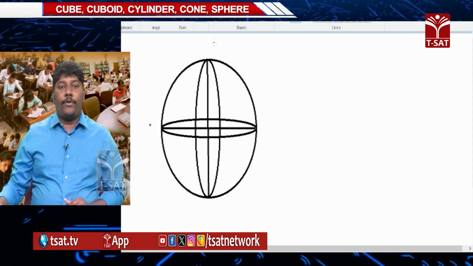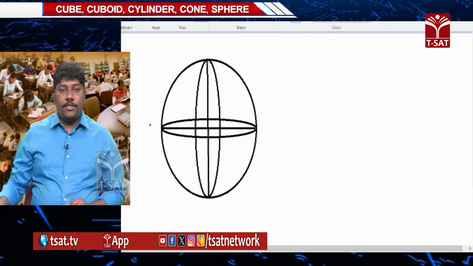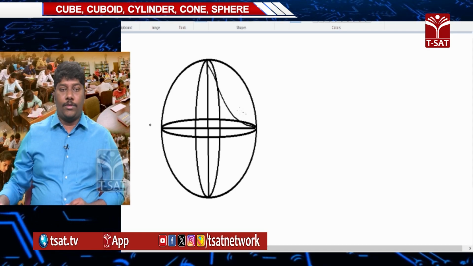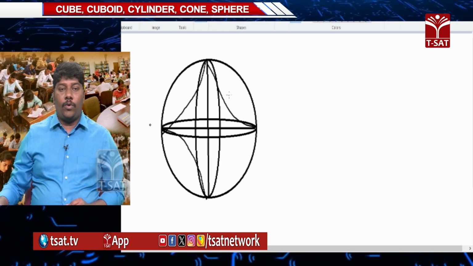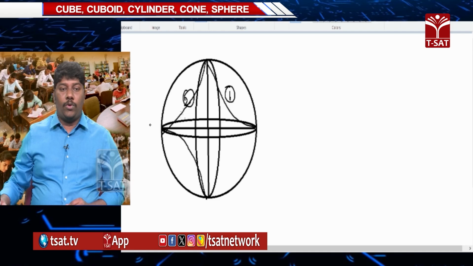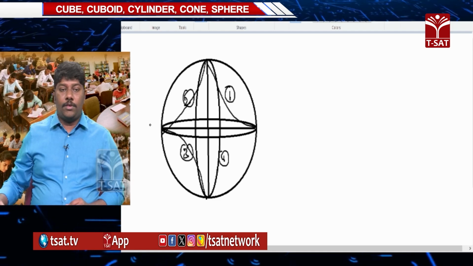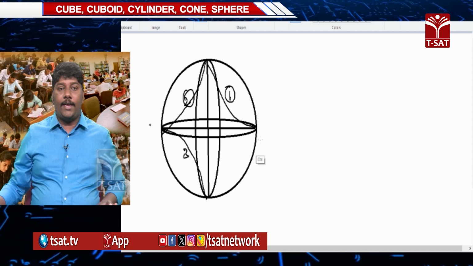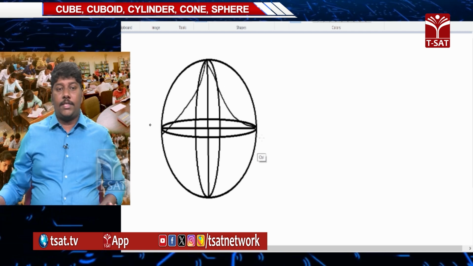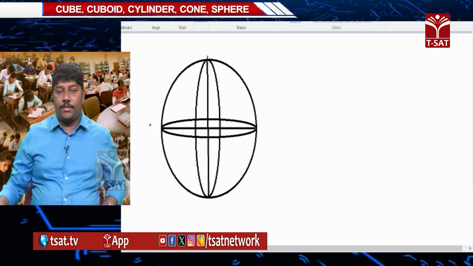Now, just imagine the sphere is a confluence of 4 cones. Imagine the sphere is formed by using 4 cones. In order to get the formula, you just remember it like this: cone 1, cone 2, cone 3, cone 4. So, it is formed by using 4 cones. Therefore, the entire surface of the sphere is covered by using 4 circles.